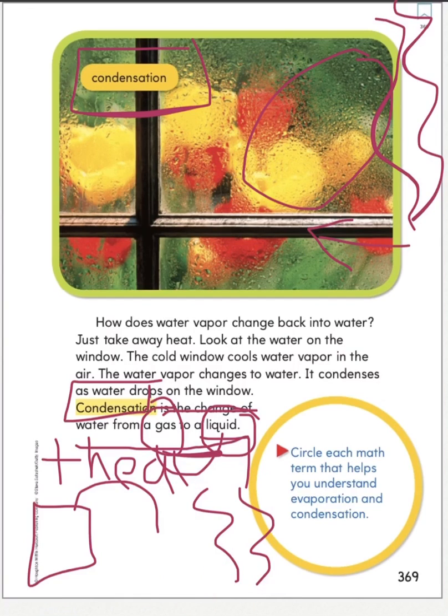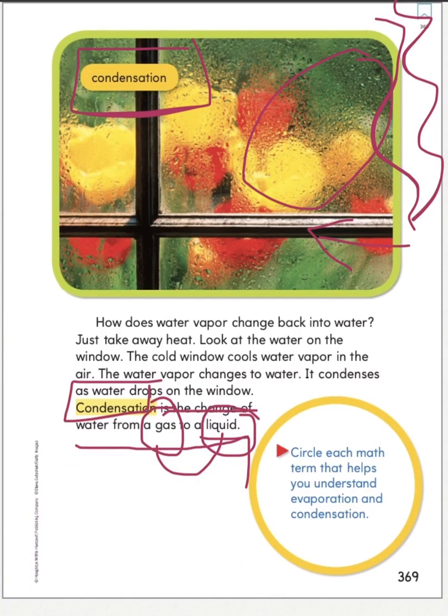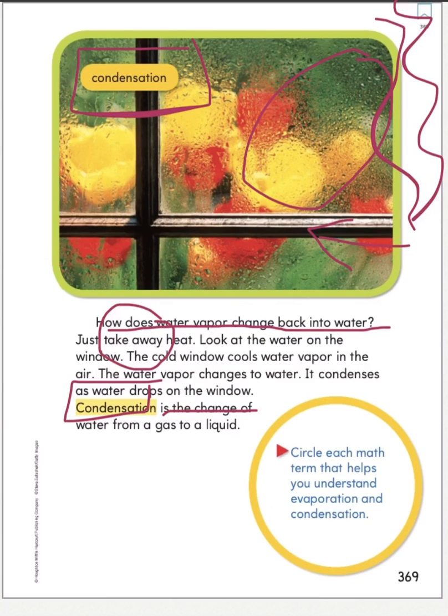Okay? So let's look here with me. How does the water vapor change back into water? Just take away heat. Please circle with me, take away. Here, circle each math term that helps you to understand evaporation and condensation. So which terms are we going to circle?